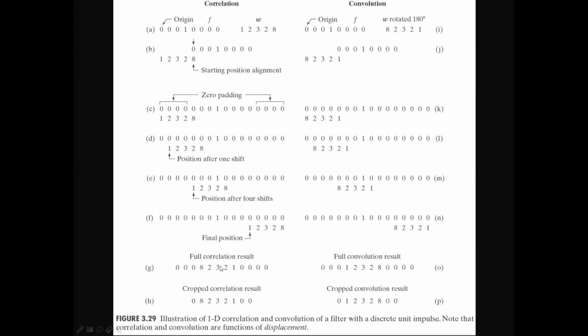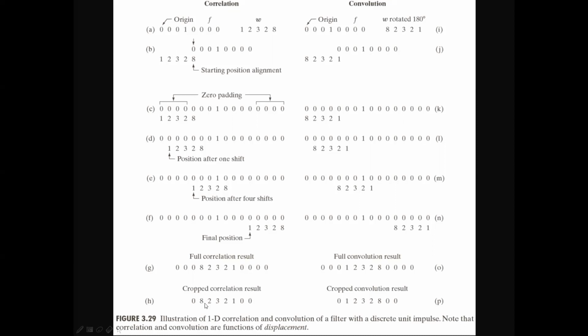And whatever full correlation result we get in step G, we need to crop it. What is this cropping? That means we need to make the full correlation result equal to the length of the given input image. What is the length of the given input image? 3, 3, and 2, that is 8.